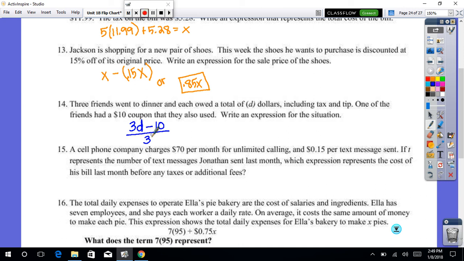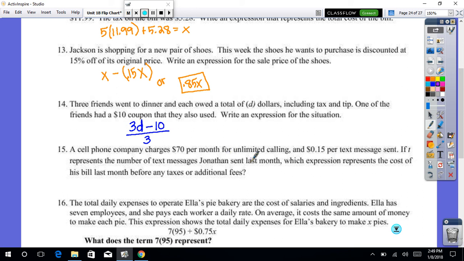Okay, and here's a perfect cell phone bill company question. Okay, a cell phone company charges $70 a month for unlimited calling and then 15 cents per text message. Yuck, y'all would be out of luck on that one, wouldn't you?